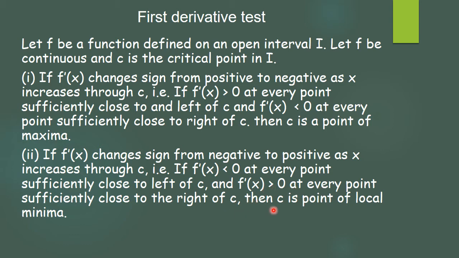Then this point C is called a local minimum. In the graph, we have seen this at the point Q. Up to the point Q it was decreasing, but next to Q it goes on increasing. And so this point is called a minima value, or a local minima.